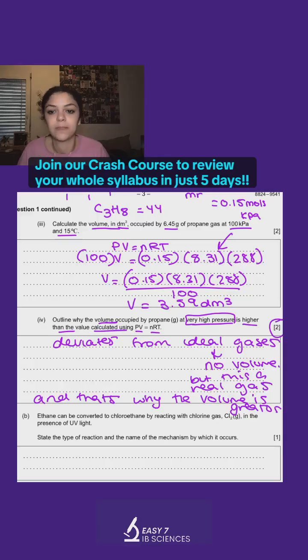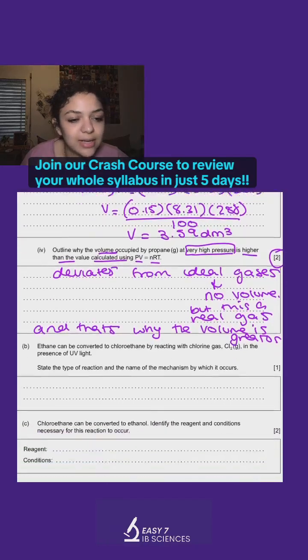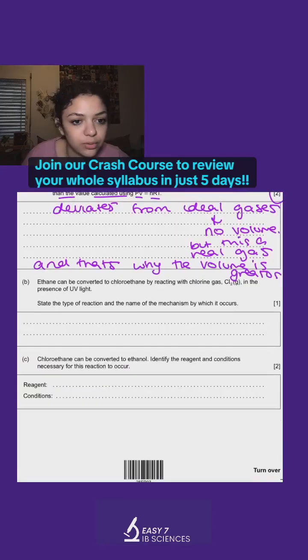Good. Does that make sense? Is this a specimen paper? No, it's chemistry paper 2 HL November 2024. Exactly, because their volume is no longer negligible. Very good. You still would have gotten the marks. They occupy volume, exactly, good.